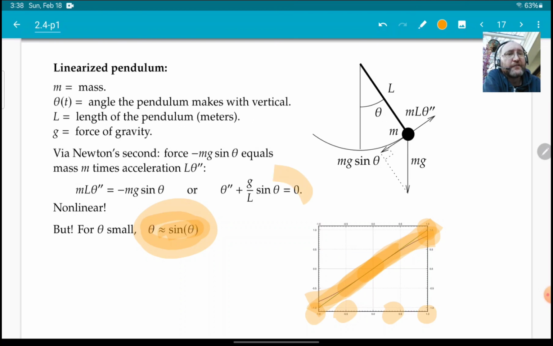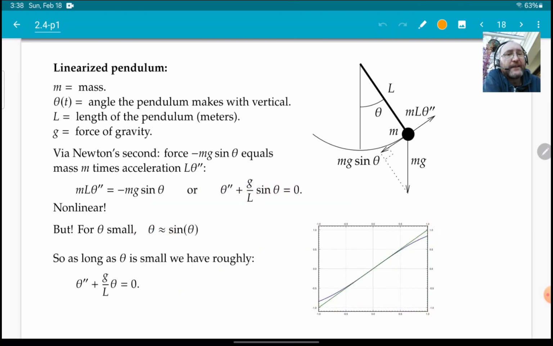This is a very complicated equation, but if we replace sine of theta by theta, then we get this much easier linear equation. So we've linearized this equation. Maybe the way you saw it in Calc 1 didn't seem all that useful, but this is where it really becomes useful.